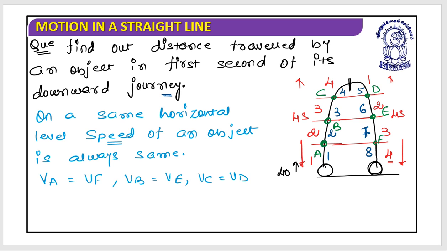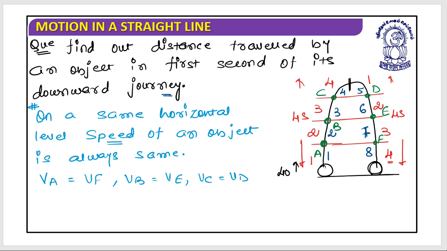On the same horizontal level, the speed of an object is always the same. Please do remember this thing. These are the golden key points that will help us conclude so many things very quickly. First second, last second.